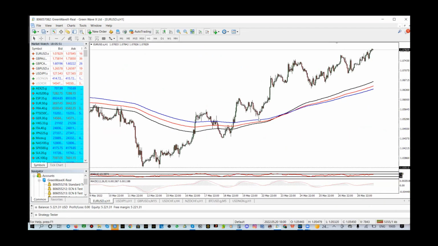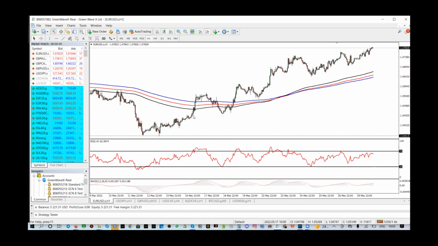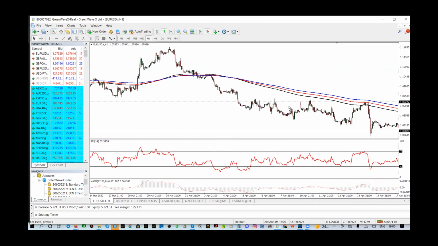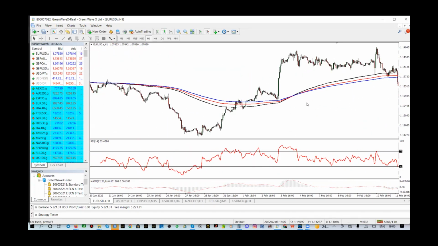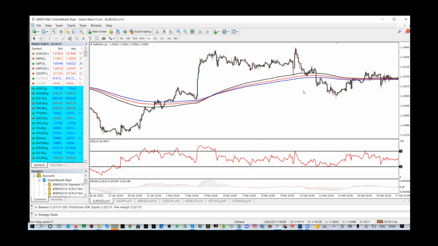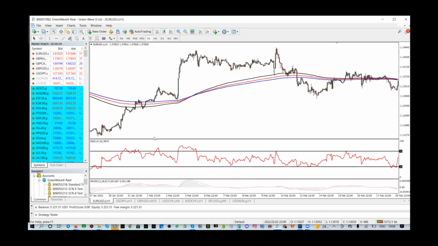Now, this is the Euro US dollar. And what happened? This is not really a very good example. We didn't really see a sustained break. Let me look for a very good example. Okay, this is an example here. Look at what happened here.